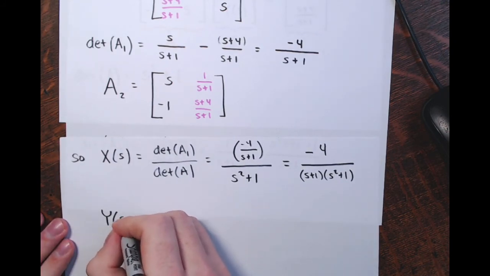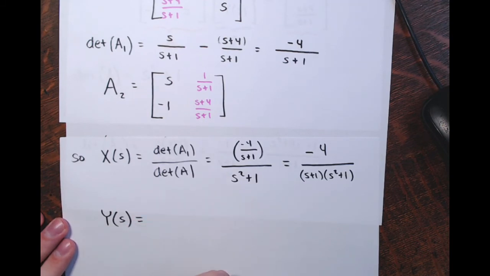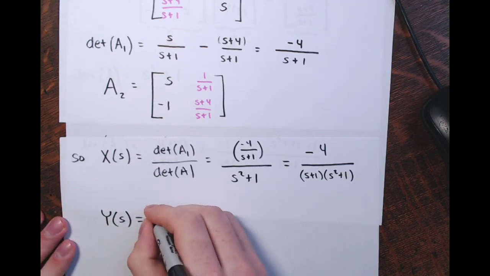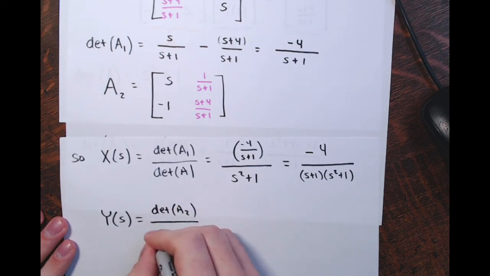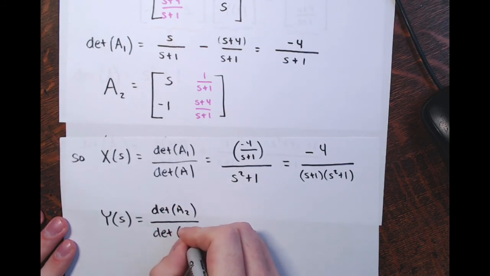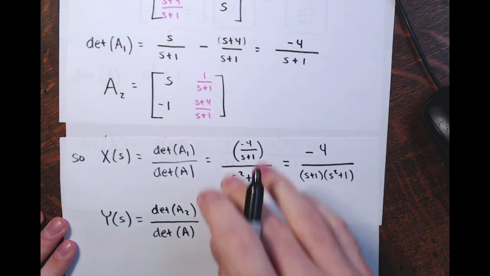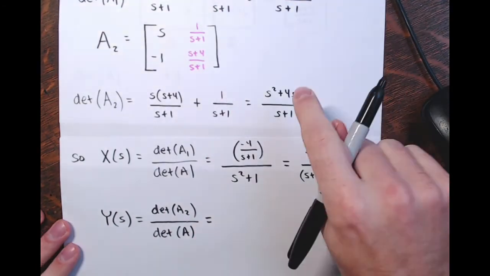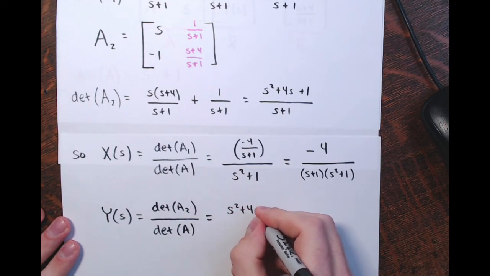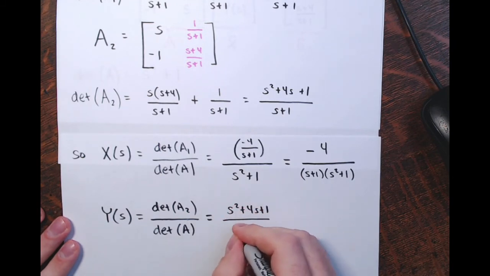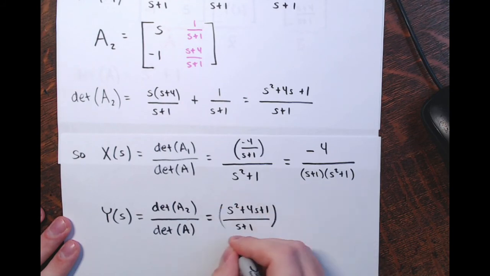And y of s, that other unknown function of s, will be the determinant of A2 divided by the determinant of A. Now the determinant of A2 was this thing, s squared plus 4s plus 1 divided by s plus 1. That's the numerator, and then divided by s squared plus 1 again.